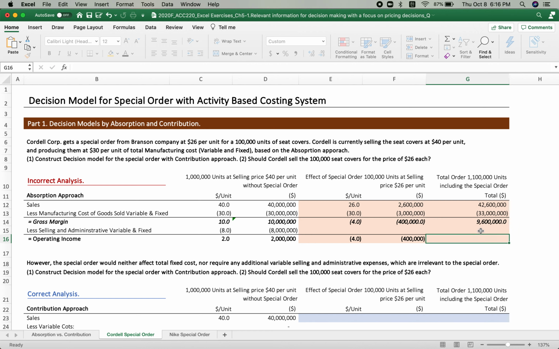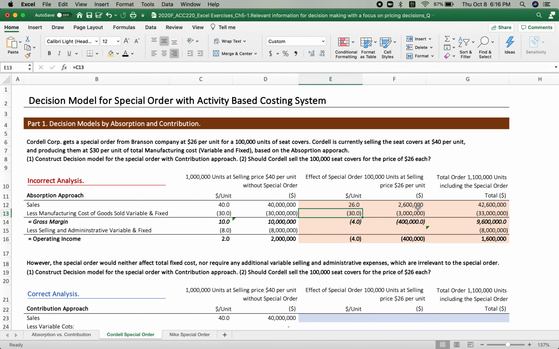Here we get this amount in total, $8 million, so the operating income is $1,600,000. So definitely we don't accept this $26, which is lower than the manufacturing cost of goods sold, because the operating income has been reduced if we accept this.